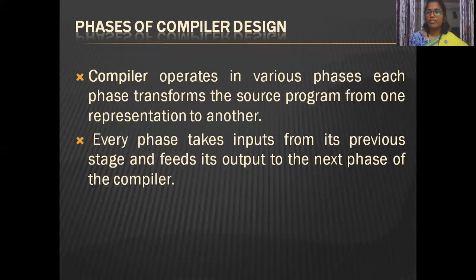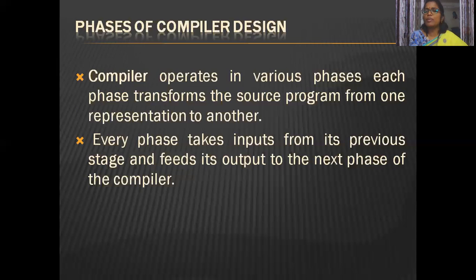The first topic is the phases of compiler design. We have different phases because as the compiler is working, it has to transform from one state to another state. The compiler operates in various phases because it has to compile the code.